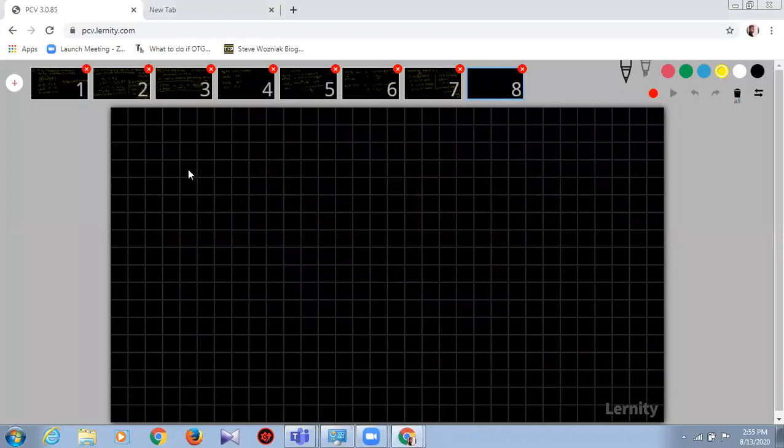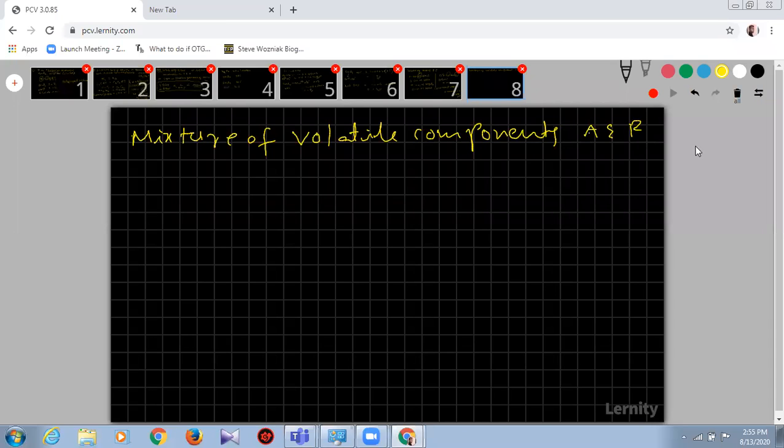Here, a mixture of volatile components A and B. These both are volatile only.